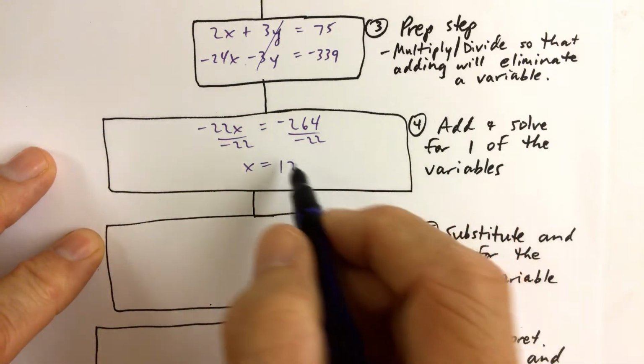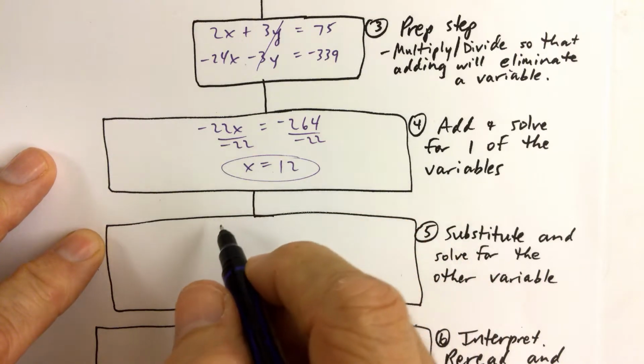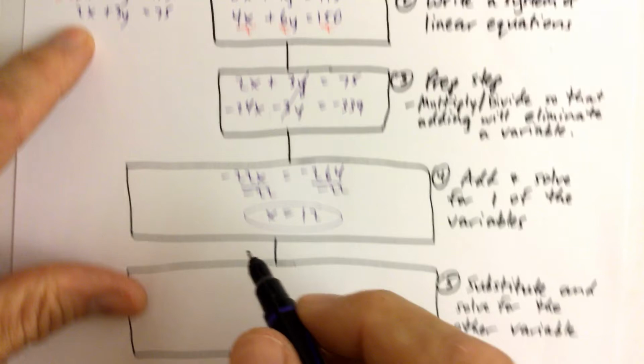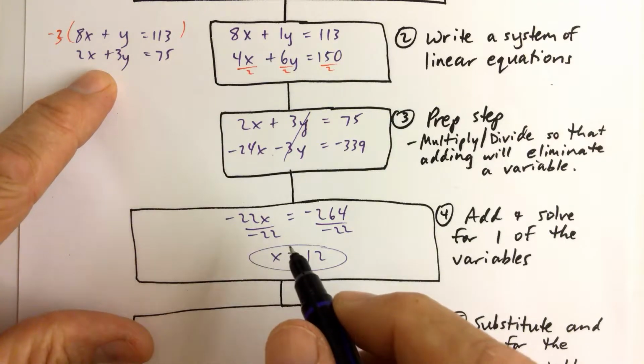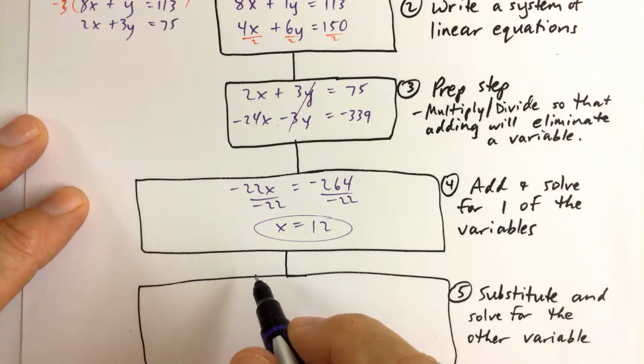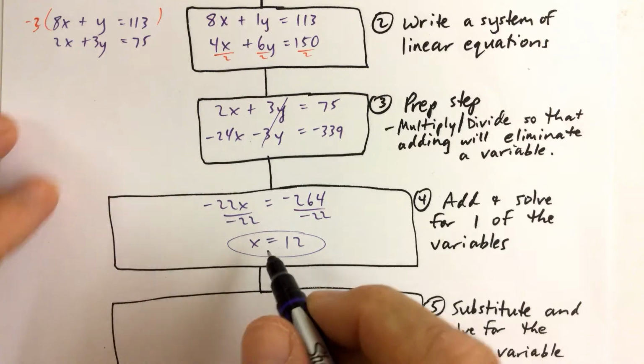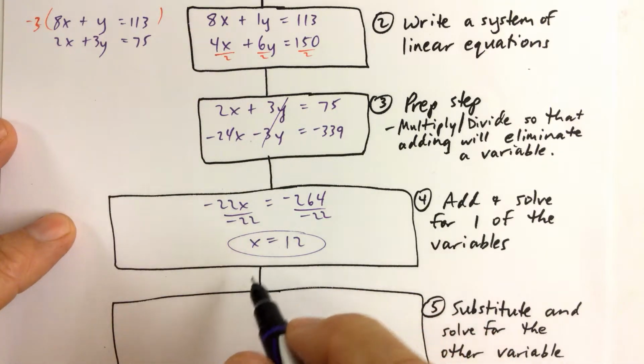But once we solve for one of the variables, we plug it in and solve for the other variable. I'm going to use the 2x plus 3y equals 75, but I had second thoughts there. Let's go ahead and use the very first equation, the 8x plus 1y equals 113.